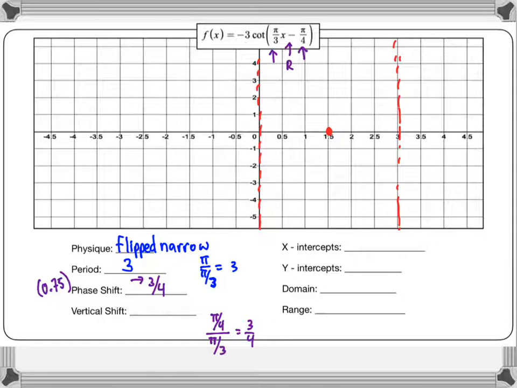So to the right we go, and it looks like it's going to be right there in between the 0.5 and 1. The x-intercept is going to jump a space and a half here, and this is going to jump a space and a half here.